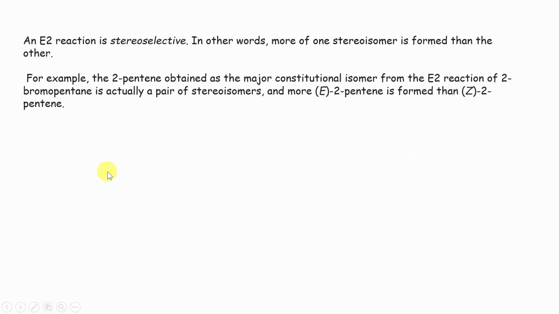Okay, an E2 reaction is usually stereoselective. That means more of one stereoisomer is formed than the other. For example, the 2-pentene obtained as the major constitutional isomer from E2 reaction of 2-bromopentane is actually a pair of stereoisomers, and more of E-2-pentene is formed than Z-2-pentene.